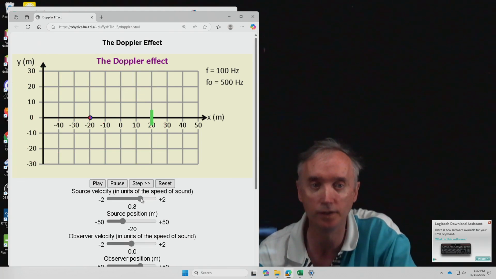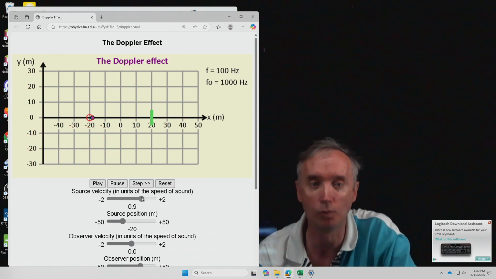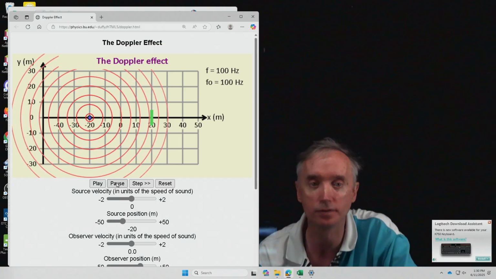But we can increase that so it can be moving much faster. So if it's a 1, then it is moving at the speed of sound. So let me go ahead and put this back on 0. And then I'll go ahead and pause it.